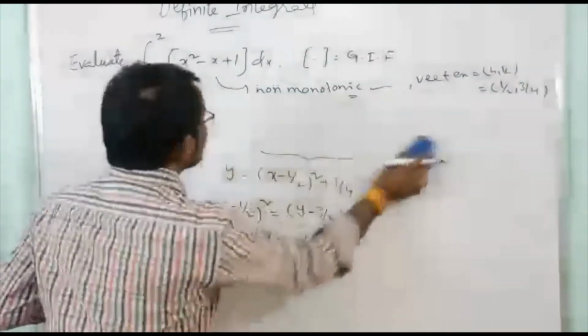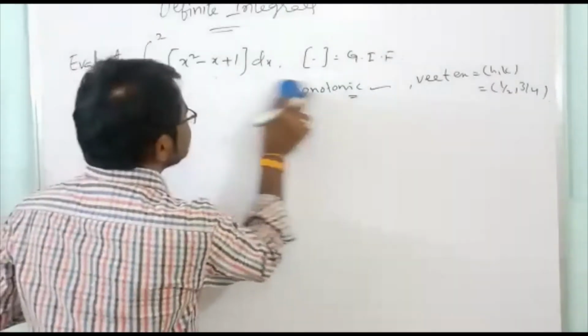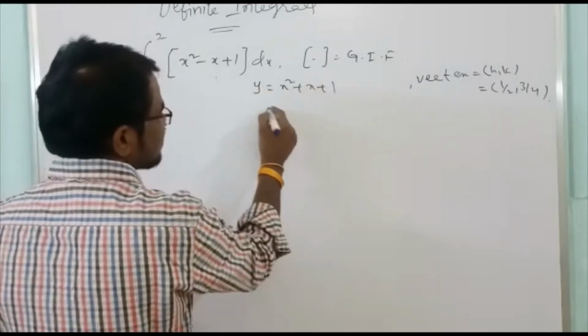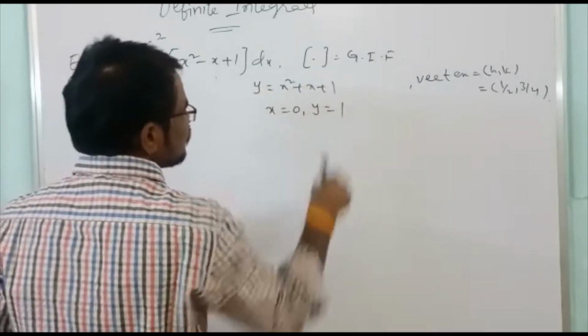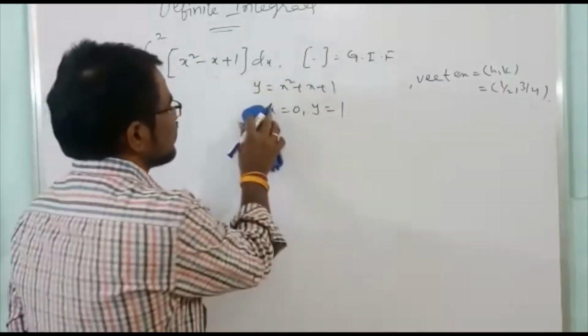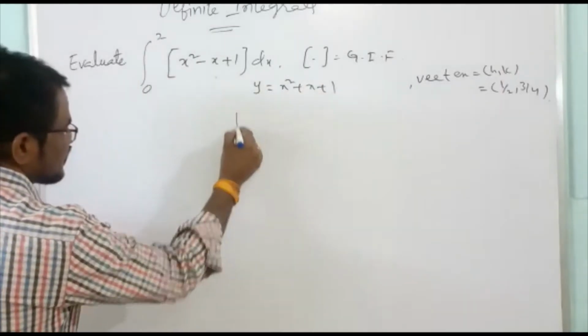Also if you take y equals x squared minus x plus 1, x equals 0 means y equals 1, so it intersects the y-axis at 1, like this.